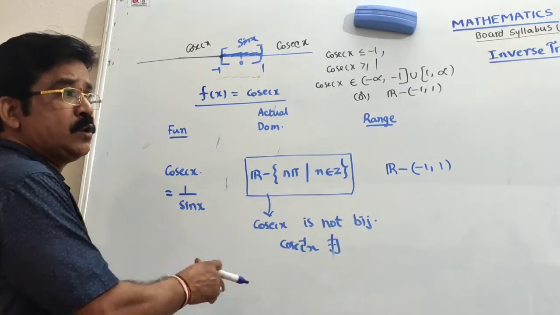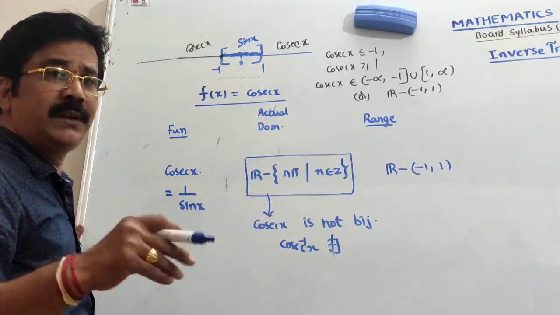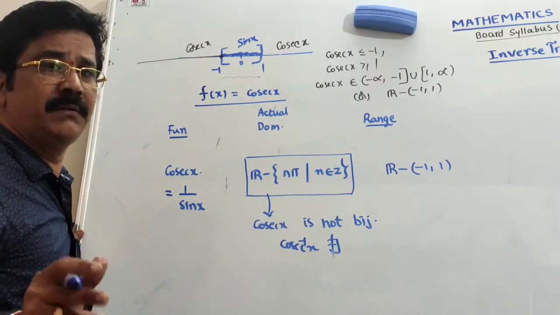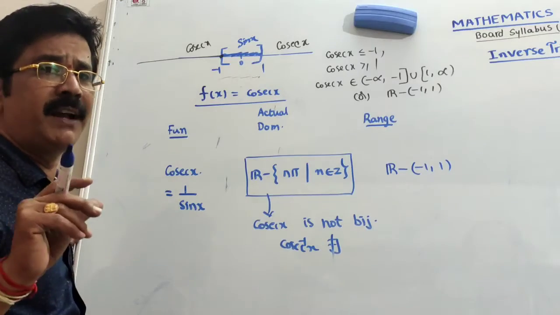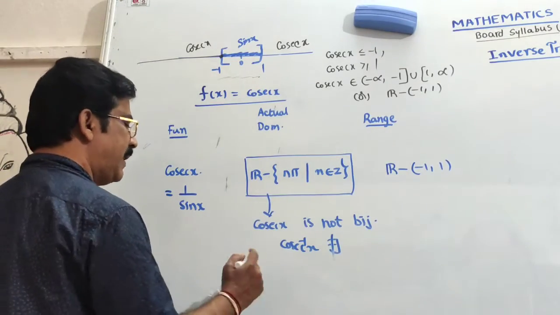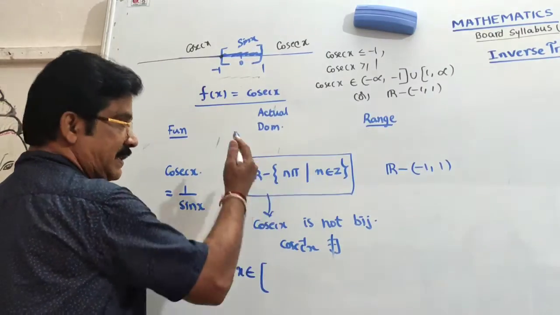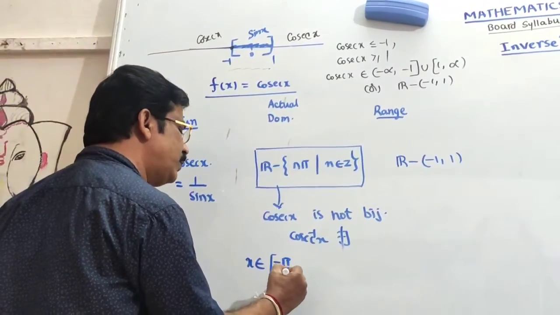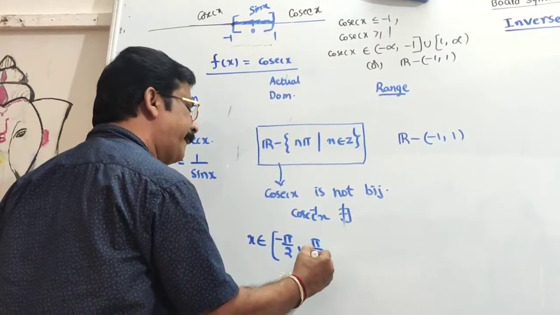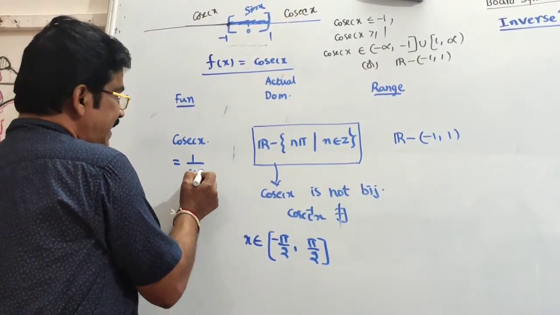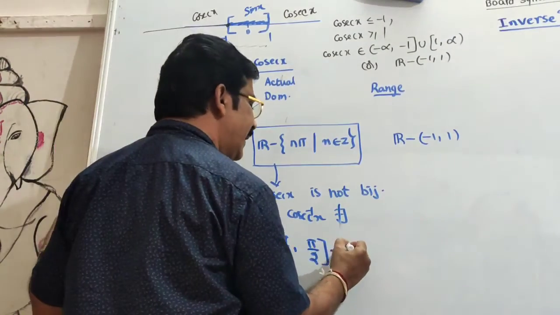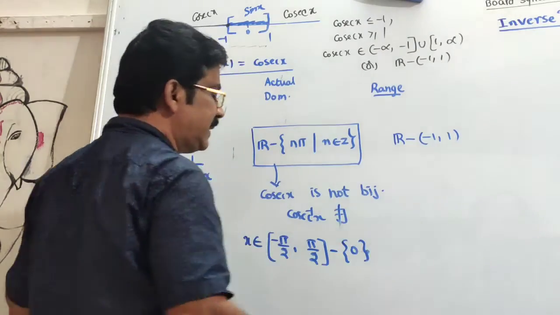Already I said there are many branches so that cosecant x is bijective, but we are considering only the principal value branch here. The principal value branch is x belongs to the closed interval of minus pi by 2 to plus pi by 2, just like sine. But if x equals 0, it is not defined. That's why we exclude the element 0.